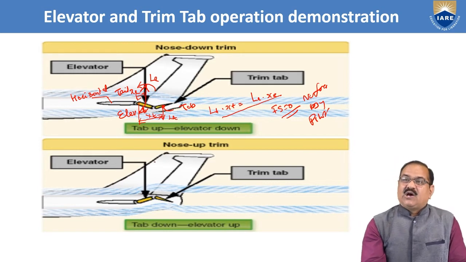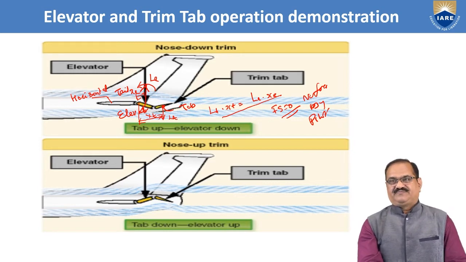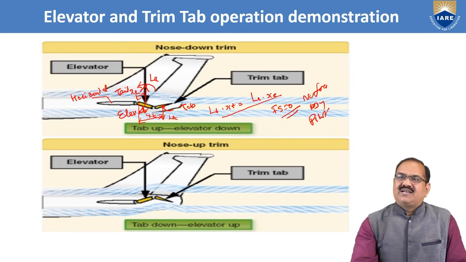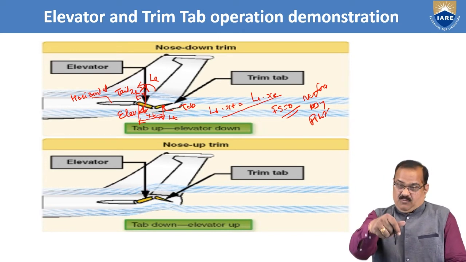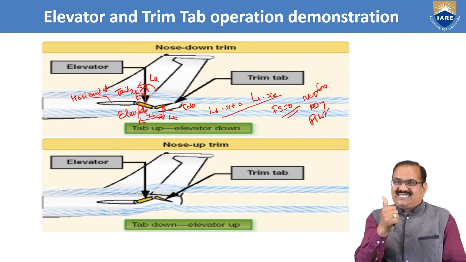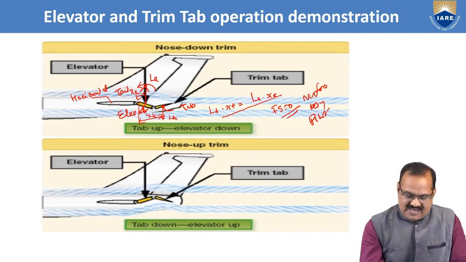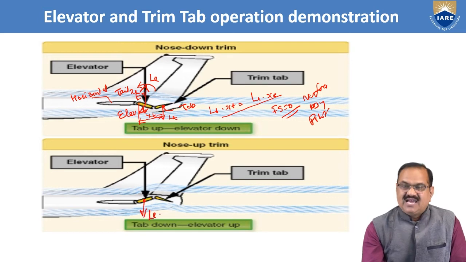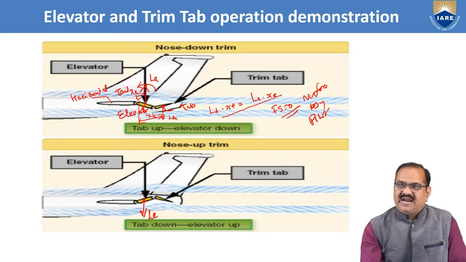In the next case, nose up. So nose up means what? When the pilot is pulling the stick towards himself, what will happen here? The force will be this LE, an aerodynamic force downwards, and the moment arm here is XE.